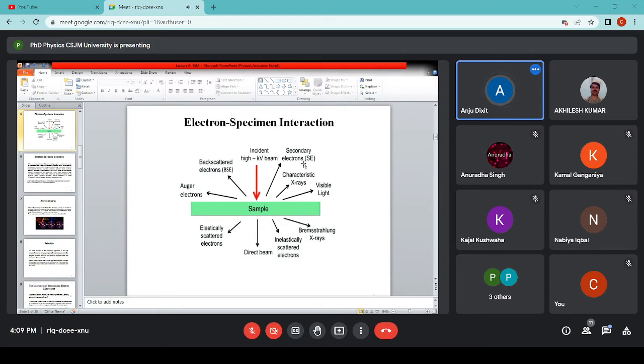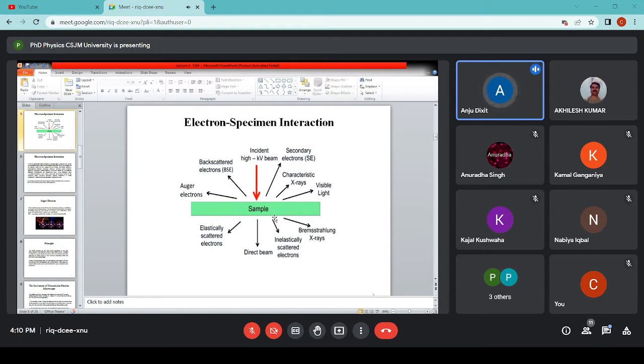We can have secondary electrons, backscattered electrons, and I have already discussed the differences between these. And characteristic X-rays could be there, Auger electrons could be there, visible light, Bremsstrahlung X-rays, elastically scattered electrons, inelastically scattered electrons, or the beam can pass directly through also.